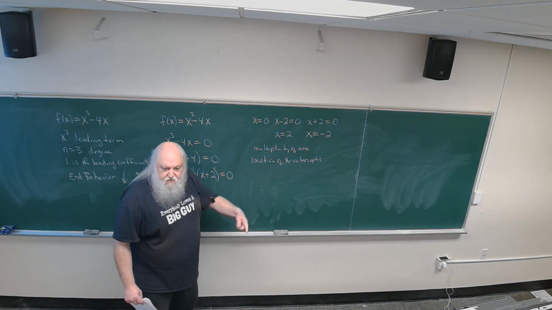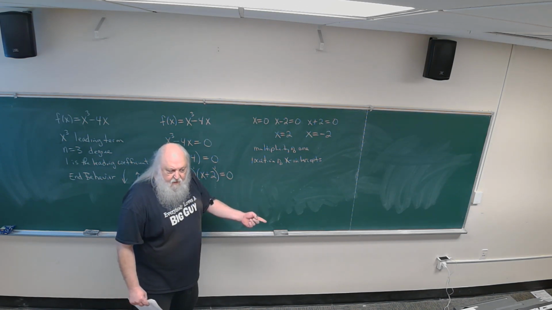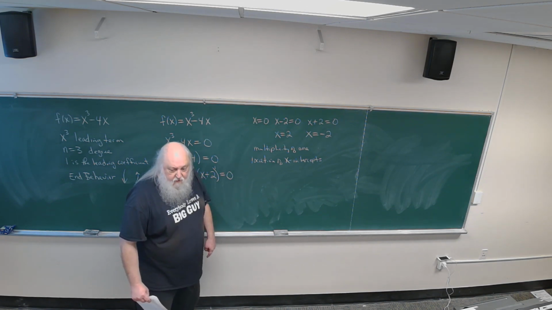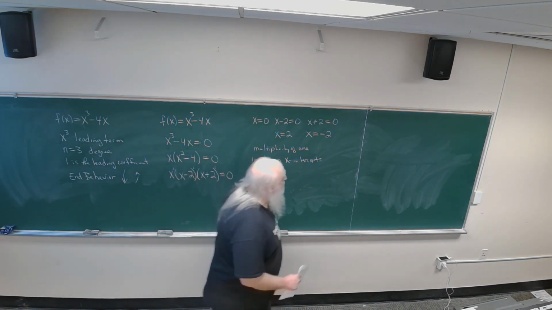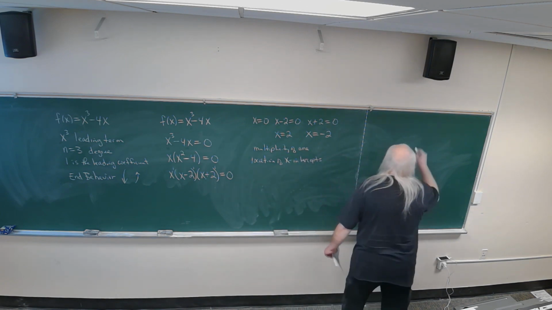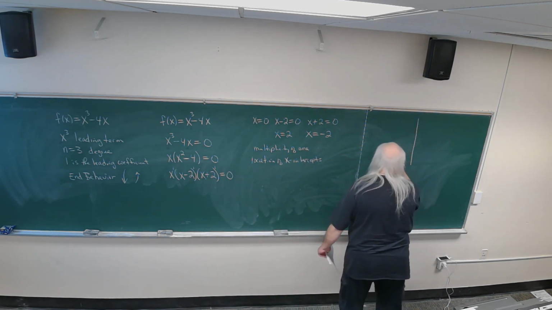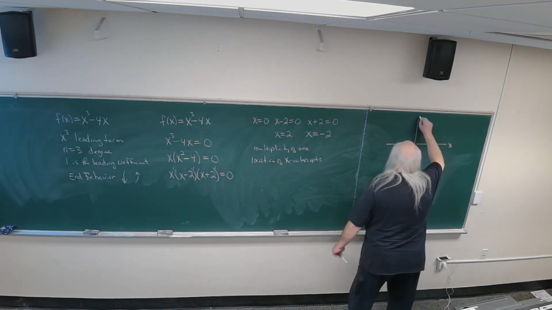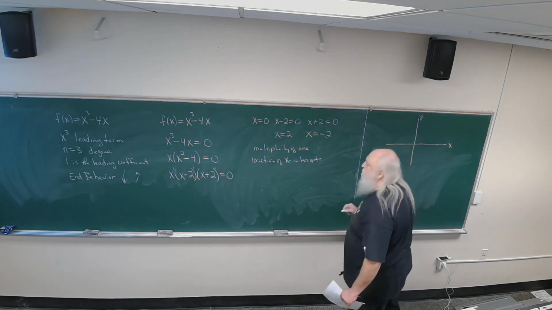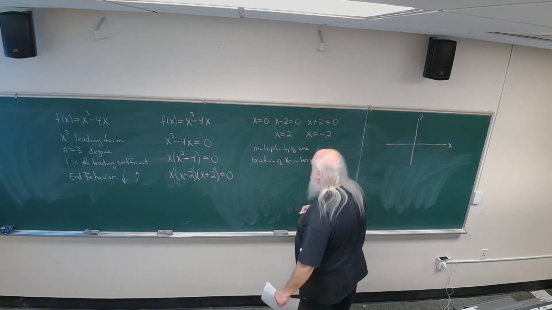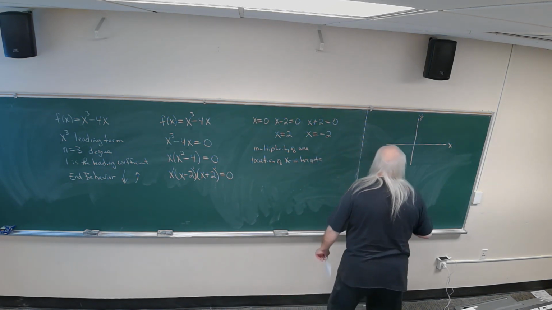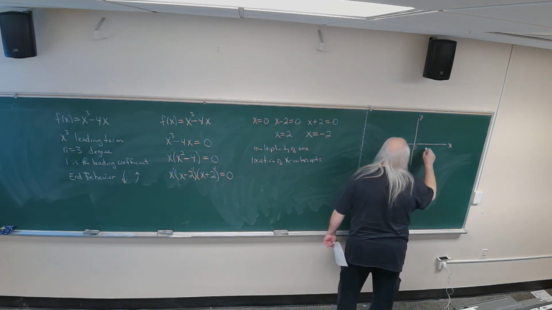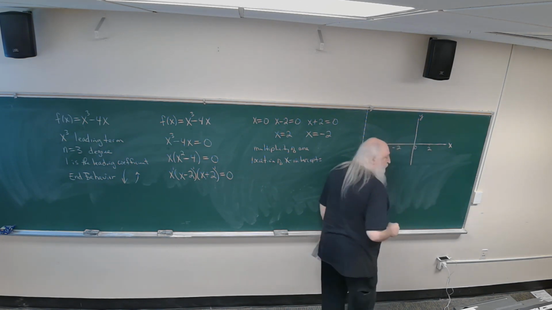Is it going to touch and turn on the x-axis, or is the graph going to cross? It's going to cross, because the multiplicity is odd. So now we can do a crude graph of this polynomial function. The x-intercepts are at minus 2, the origin, and plus 2.